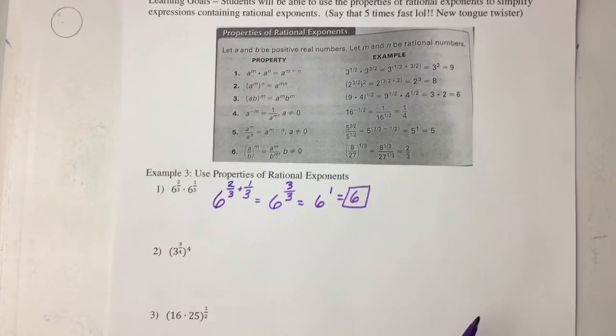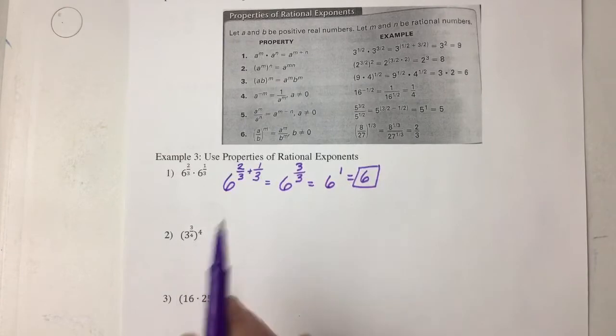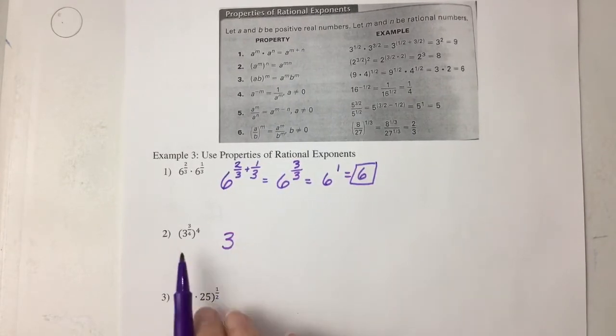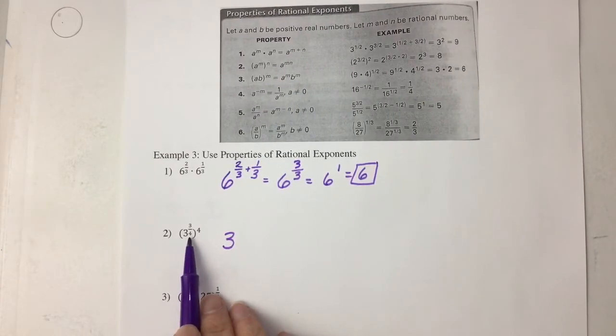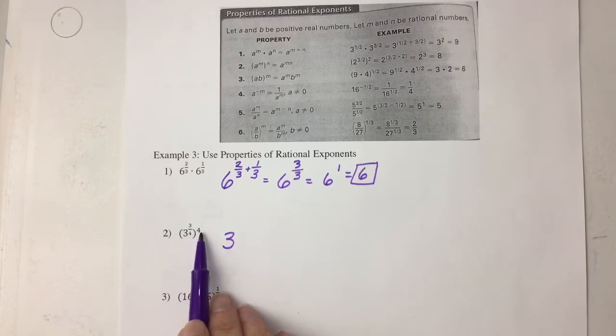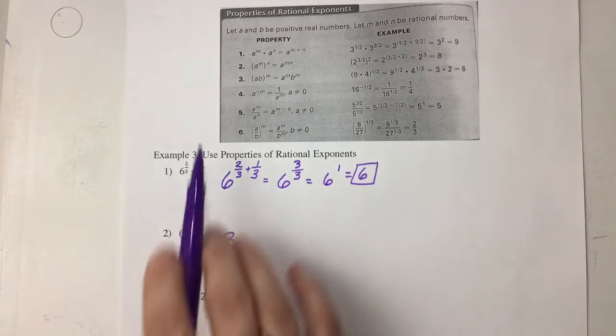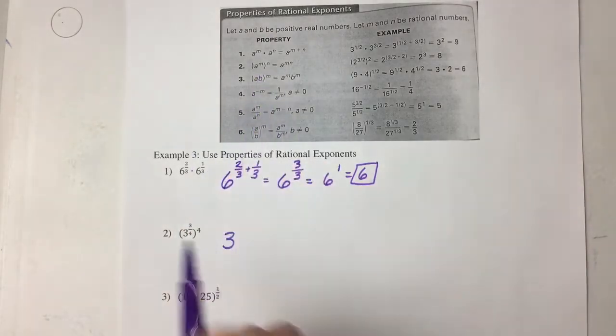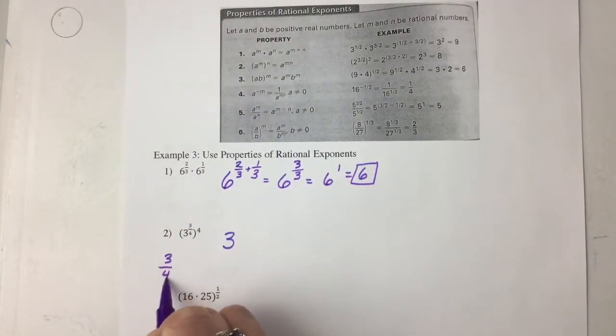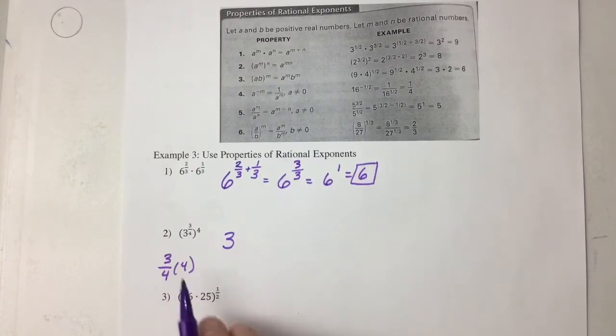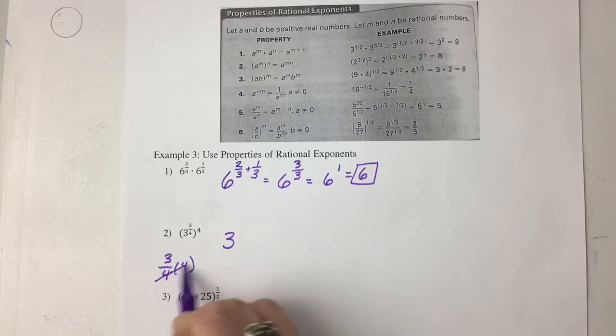Now we're going to go ahead and look at property number 2. Our base is 3. We only have one base. That's awesome. But 3 has two exponents. 3/4 is on the inside and 4 is on the outside. If you have exponents inside and outside, this shows us that you multiply them. If I take 3/4 times 4, remember, if you ever multiply something by the denominator, it's going to cancel.